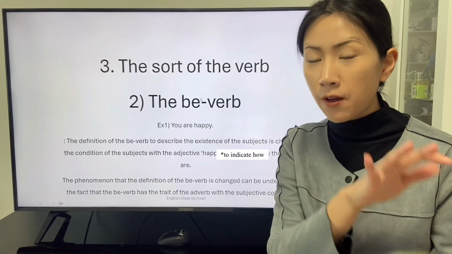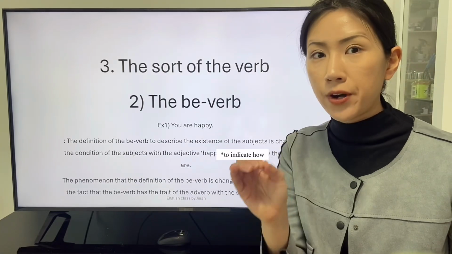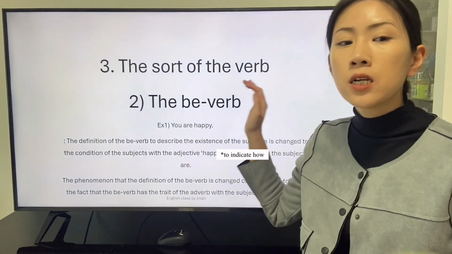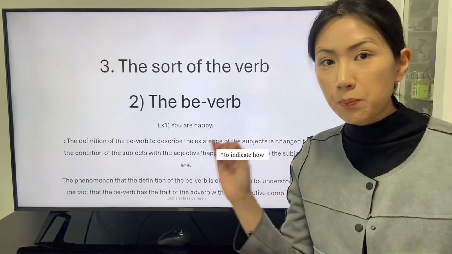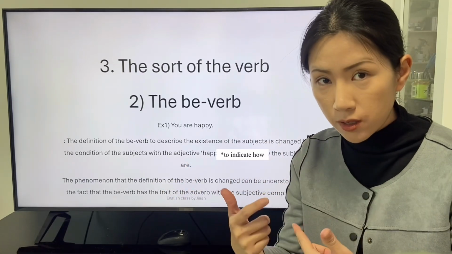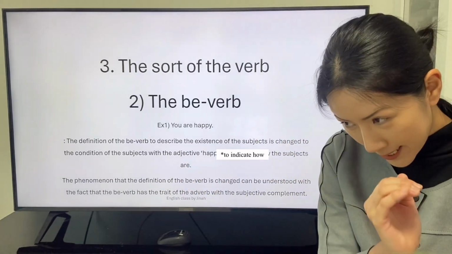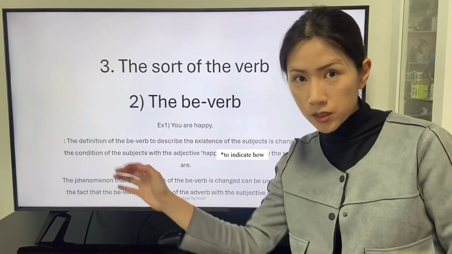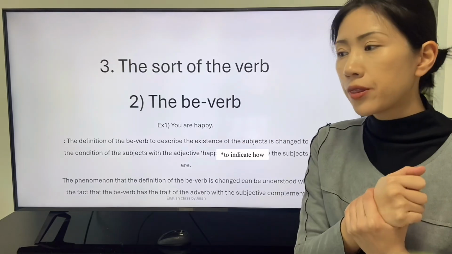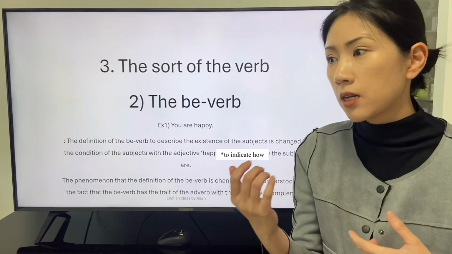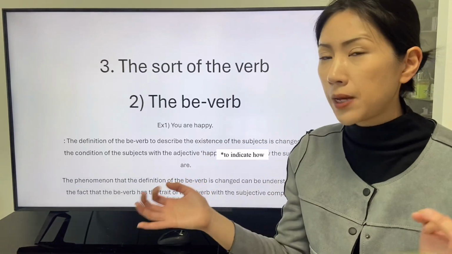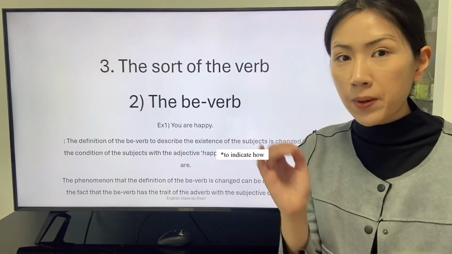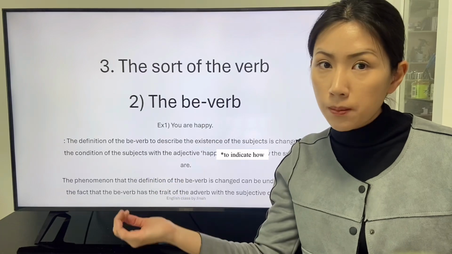Compared to the clause with the general verb exist to describe the existence of the subject, the definition of the be-verb is changed from the existence of the subject to the condition of the subject. The clause with the subjective complement happy, this phenomenon can be understood with the fact that the be-verb has the trait of the adverb.